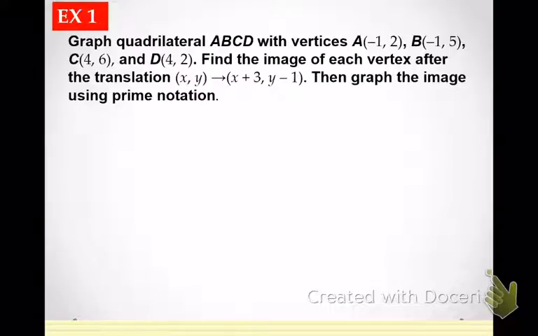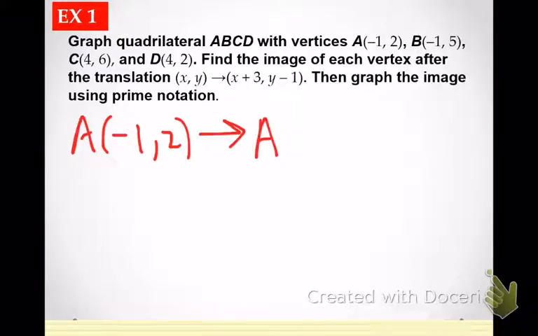How I would do this: point A is (-1, 2), and I'm going to add 3 to the x value, and subtract 1 from the y value. So A prime is (2, 1).